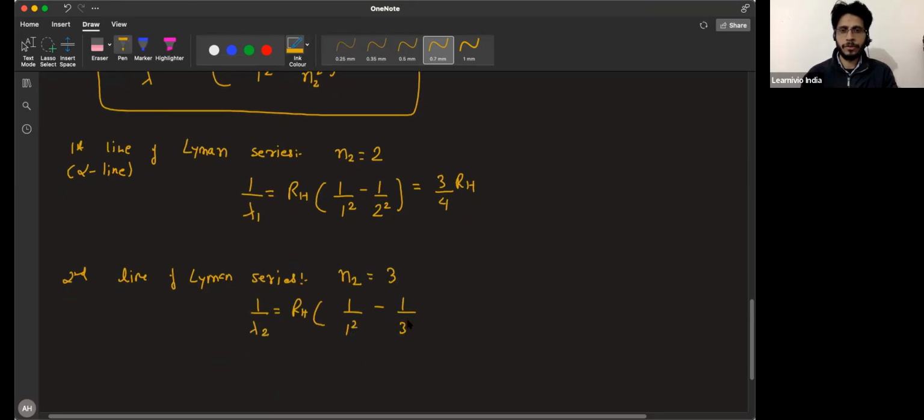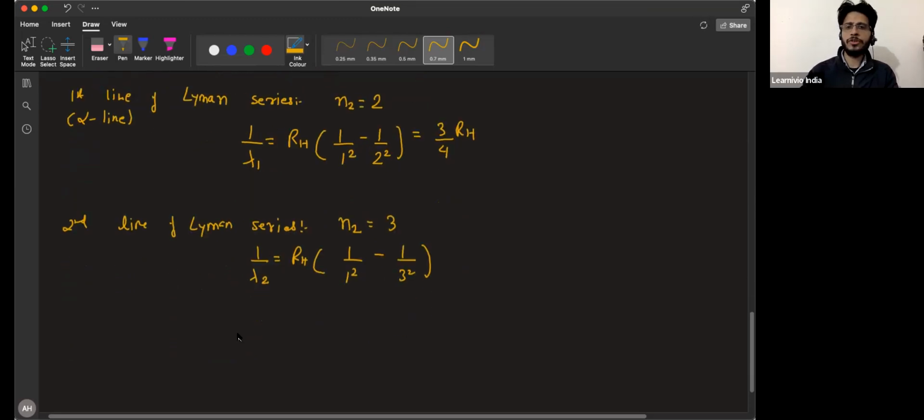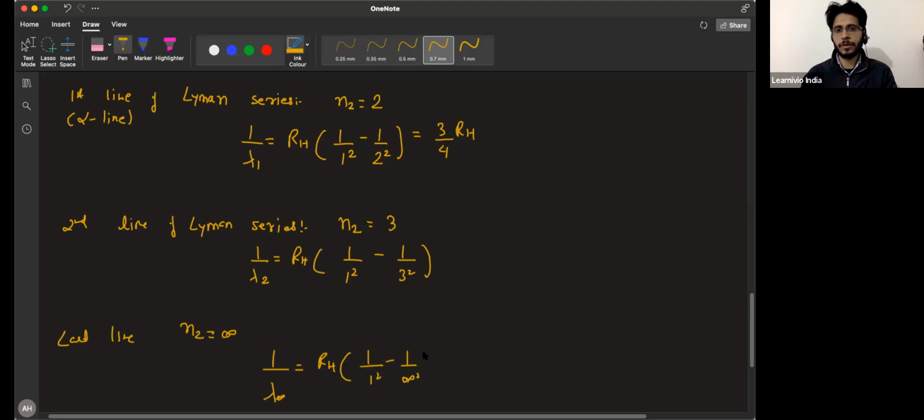If I ask you to calculate the last line, then for the last line, n2 will be infinity. So we write 1/λ∞ = R_H (1/1² − 1/∞). So that is the first line of the Lyman series, the second line, and the last line of the Lyman series.